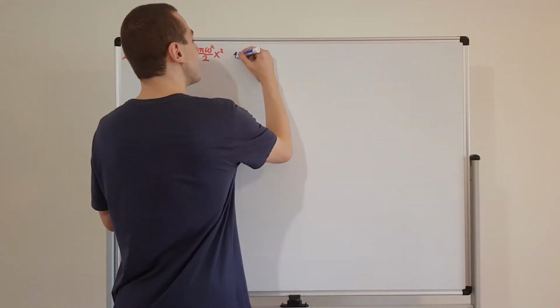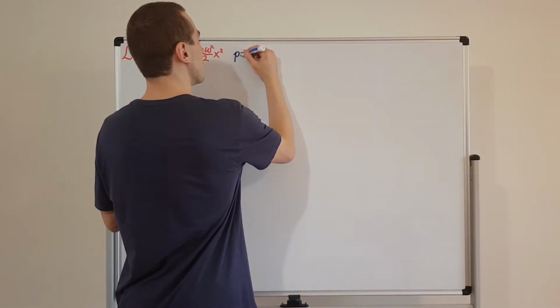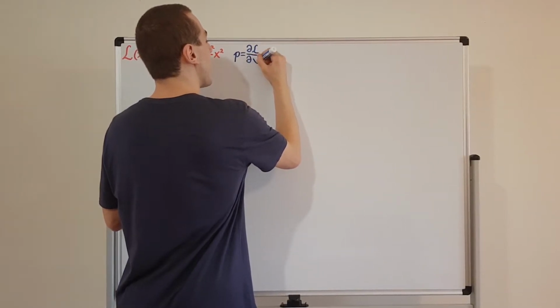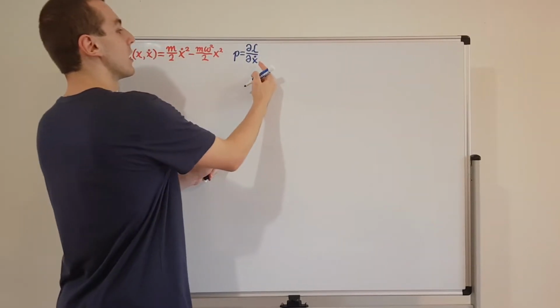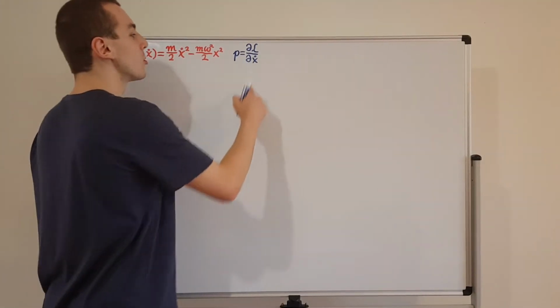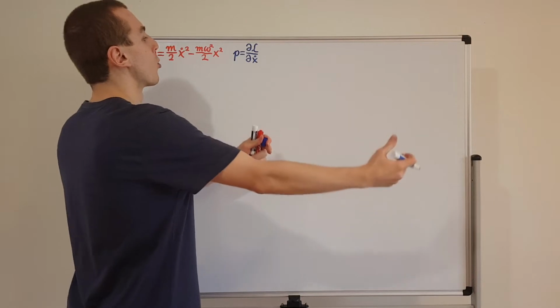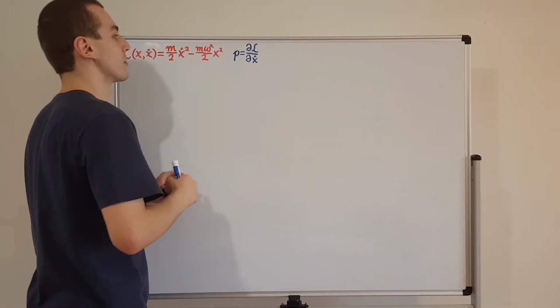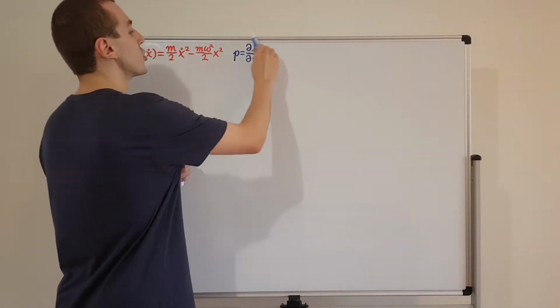The momentum p is equal to the partial derivative of the Lagrangian with respect to x dot. So this x dot is the same as the velocity that we're talking about over here. And this is called the canonically conjugate coordinate. So momentum and position have that special relationship. So let's evaluate this partial derivative.